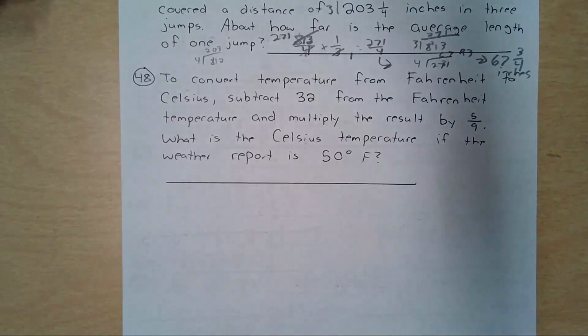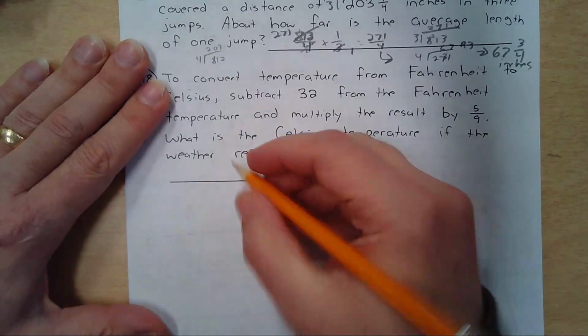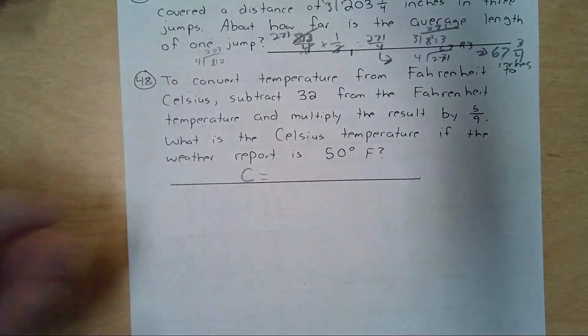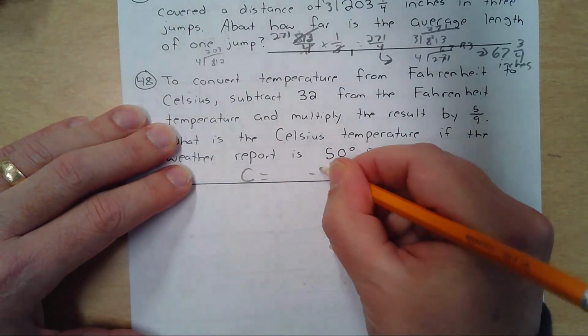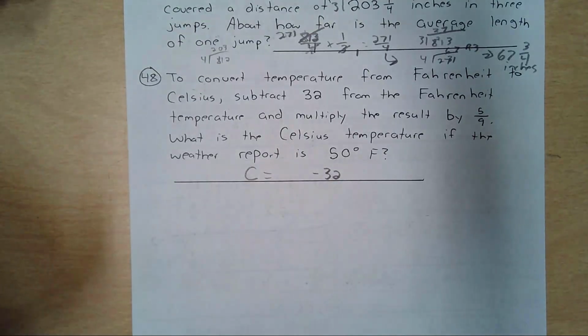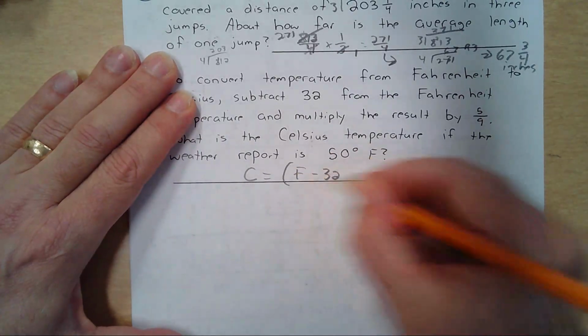All right, Fahrenheit to Celsius. Subtract 32 from the Fahrenheit temperature, multiply the result by 5/9. What is Celsius? This might have been the easiest problem on the entire page. I think we've had it in one of them. We did it in 6th grade last year. So it's 50 minus 32 times 5/9.